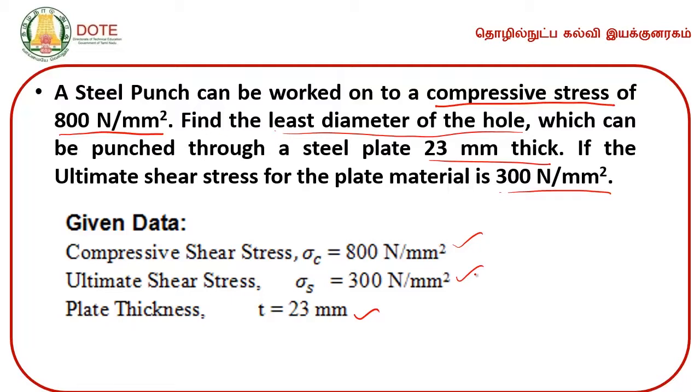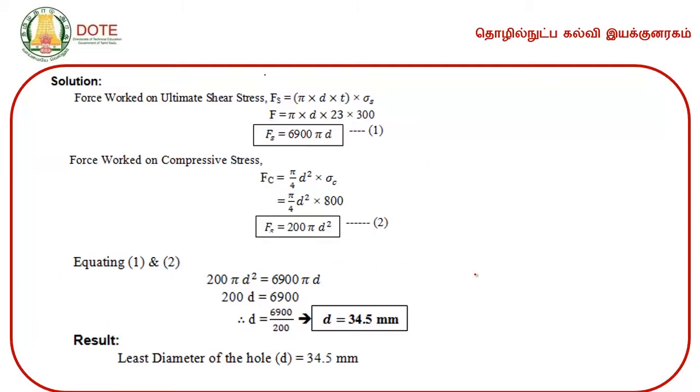What we got to find? We got to find the least diameter, the minimum possible diameter of the hole that can be punched on the steel plate. So now we are going to find the force required to punch the hole in the plate due to shear stress.